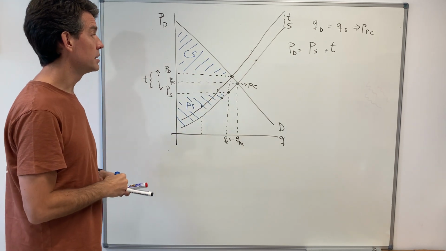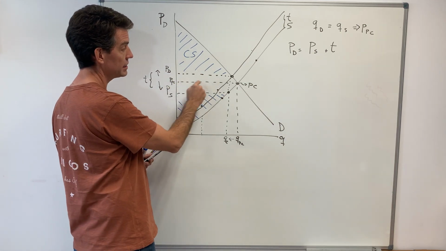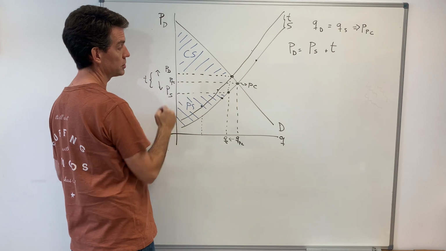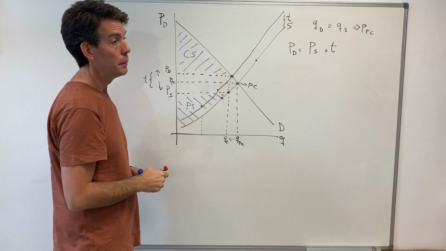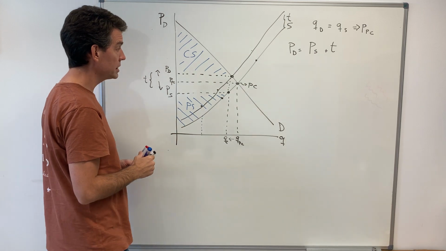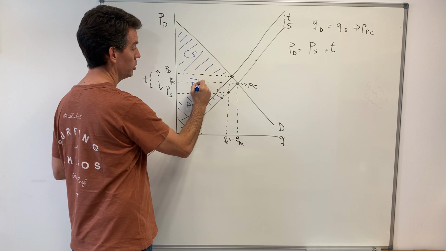So what are we seeing? Well, we are seeing that there is this trapezoid of consumer surplus that is being lost, this trapezoid of producer surplus that is lost. But there is some part of that trapezoid that actually the government gets in forms of tax revenue. Why?